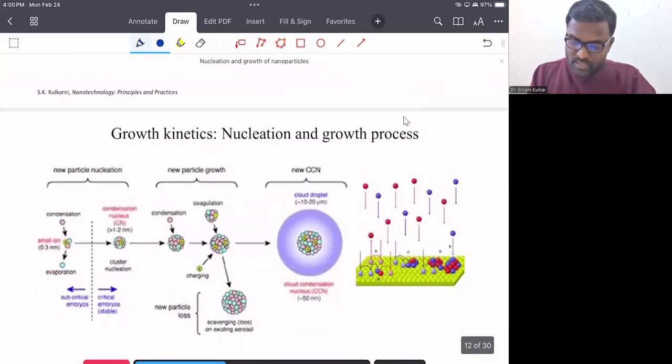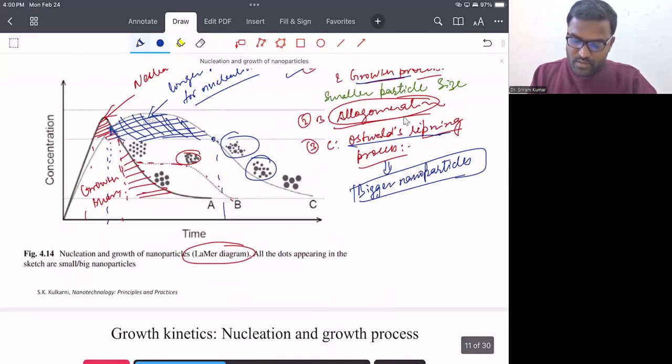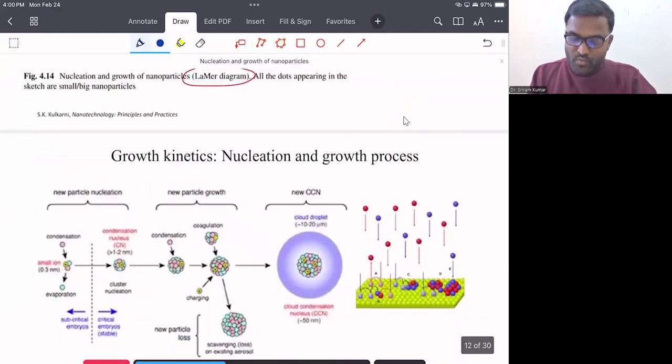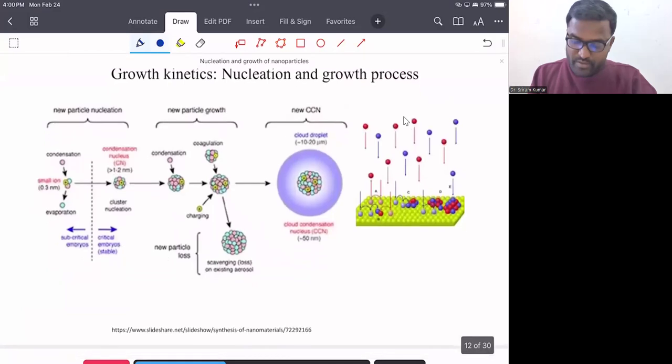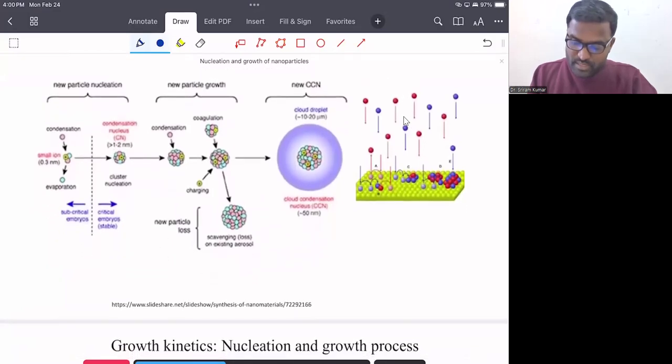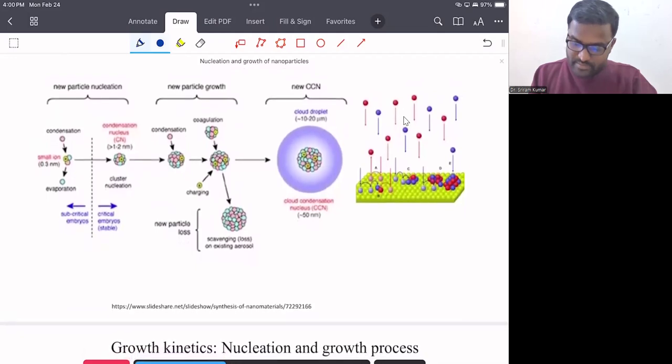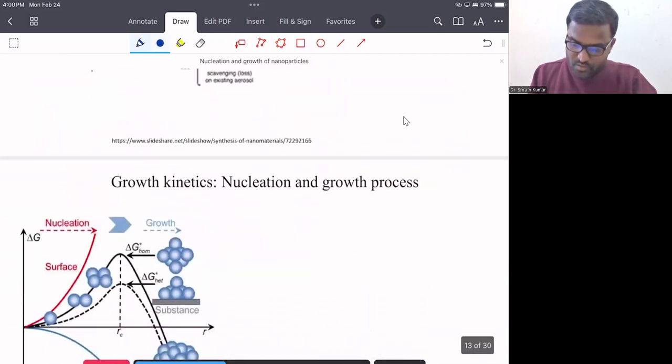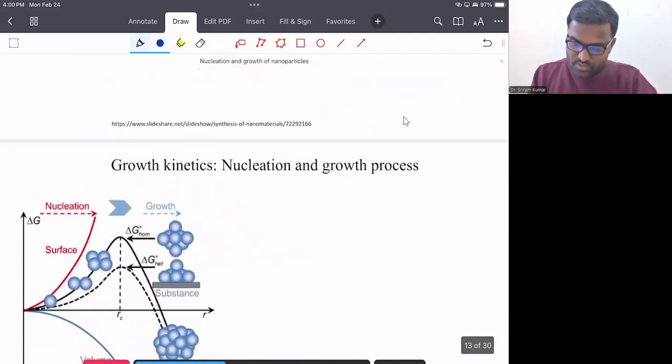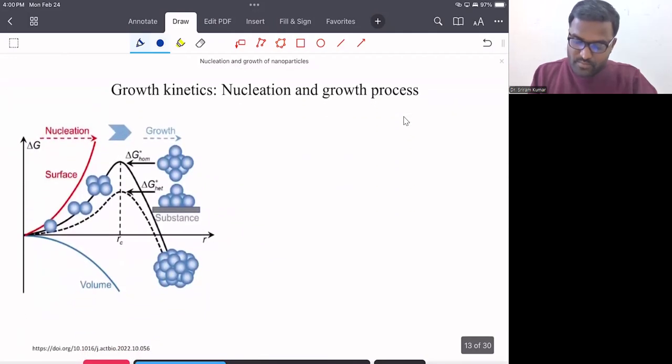And so once again, if you want to understand the thermodynamics of the nucleation process, we need to understand this key point here. So till now we understand we have three different kinds of things here. So let's understand the nucleation process, and that nucleation process starts.